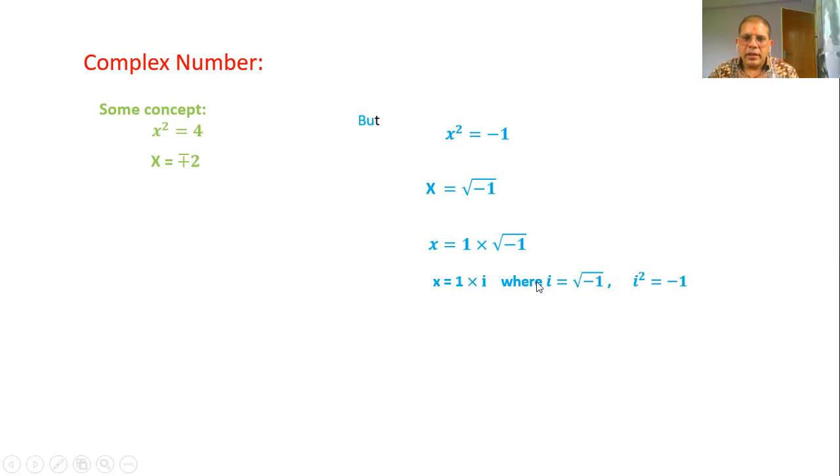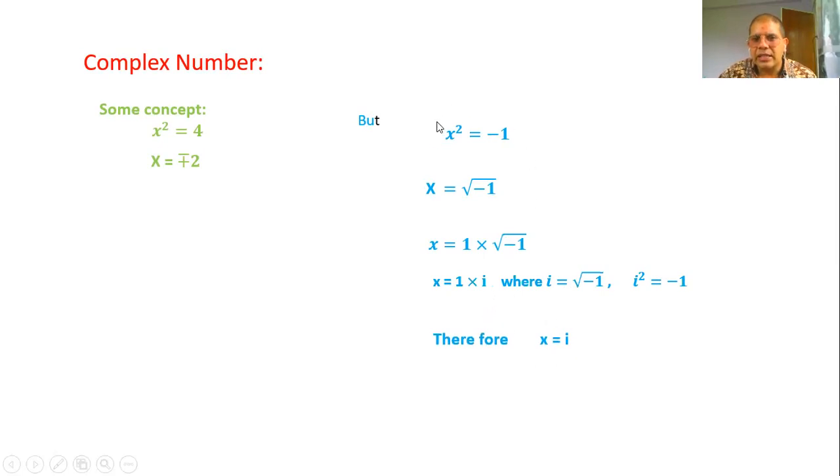Don't forget here, if you suppose I is equal to root under minus 1, then if you do squaring on both sides, you get I square and it is minus 1 only. So minus 1 is I square. Don't forget, it is your imaginary. The value of I is root under minus 1, so I square is minus 1. Don't forget this. Therefore x is equal to I.